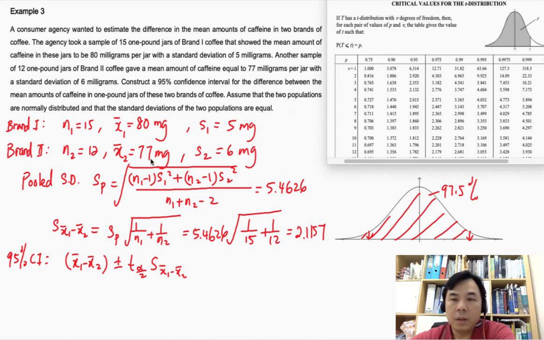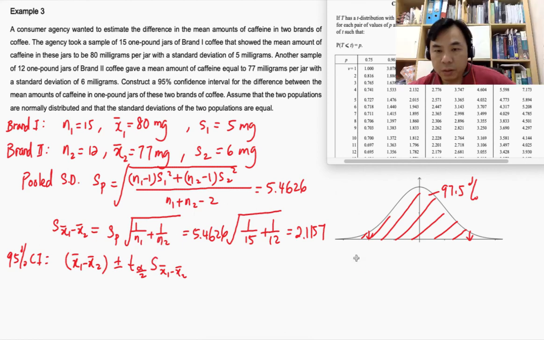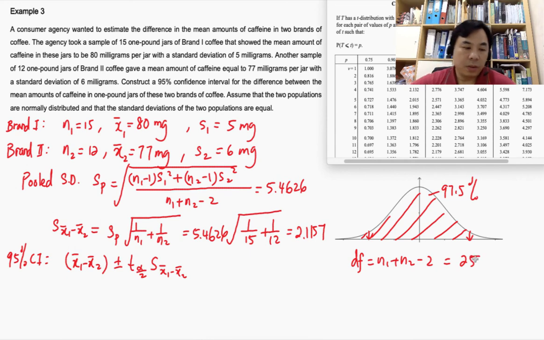So for that, I'm going to go to this data booklet. Under T distributions, I'm supposed to look for 97.5%. On top of that, don't forget, because we are using student T distributions, we have to work out the degree of freedom here. So the degree of freedom is given by n1 plus n2 minus 2. That is basically 27 minus 2, 25 here. Degree of freedom equal to 25.